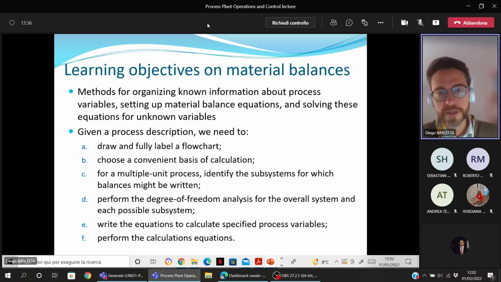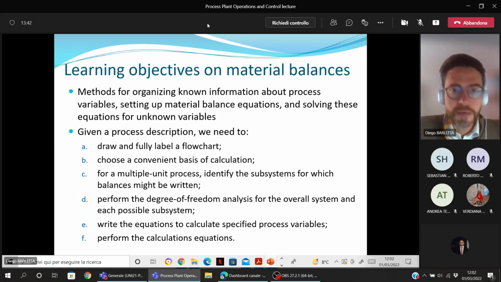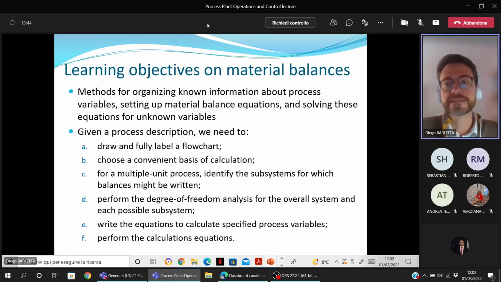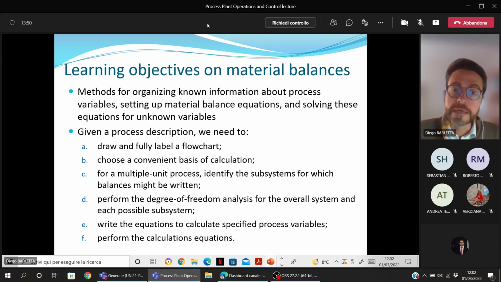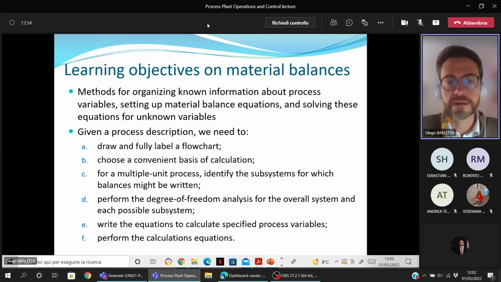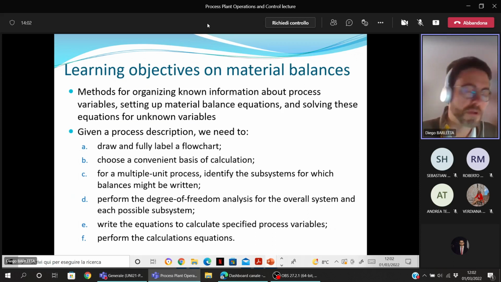Then for multiple unit processes, identify the subsystems for which balances might be written. Perform the degree of freedom analysis for the overall system and each possible subsystem. So in case we have several variables, we have to consider this. Write the equations to calculate specified process variables. Perform the calculation. So this is the general procedure that we will follow.